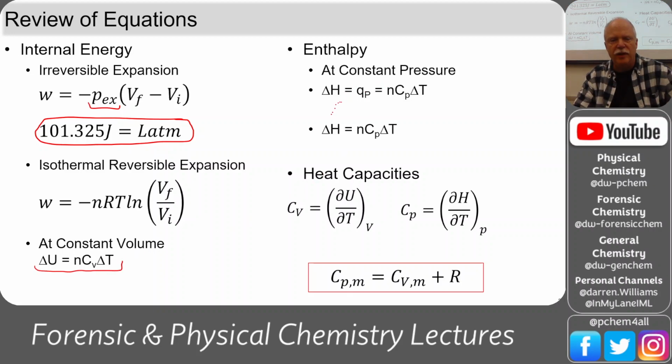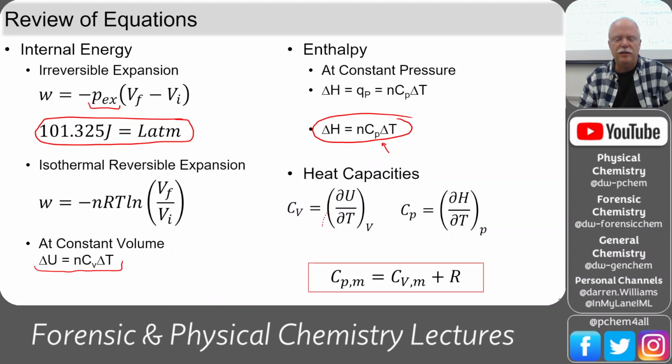Now at constant pressure, this is a way to get the enthalpy. So CP, the heat capacity at constant pressure, will give us the enthalpy. And that's why we talk about the heat of reaction in our labs and so on. We're using open glassware, so we're actually measuring delta H of our reactions. And then these are what we call the thermodynamic definitions of these functions.